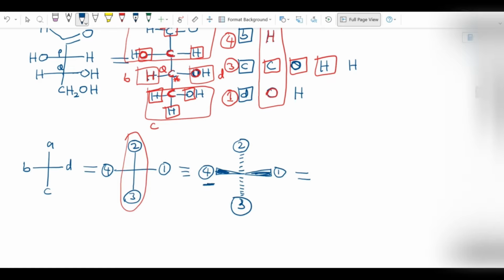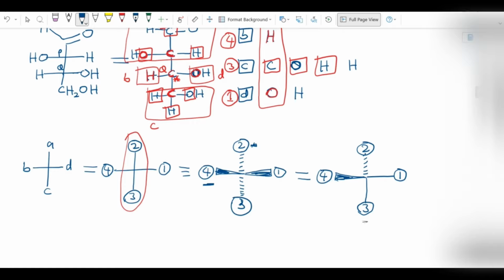So let's leave the one with priority number 4 as the wedge bond. That means group 1 will be on a line bond. This time around, let's leave 2 as the dash bond. That means 3 will be the line bond.